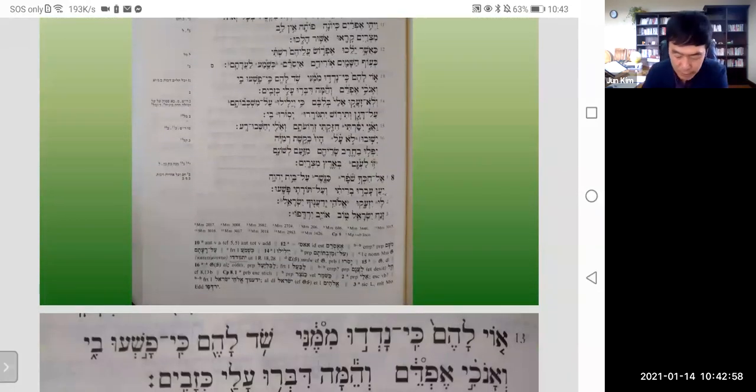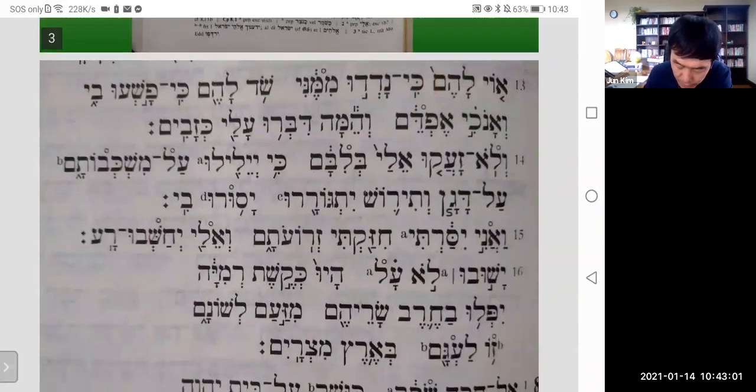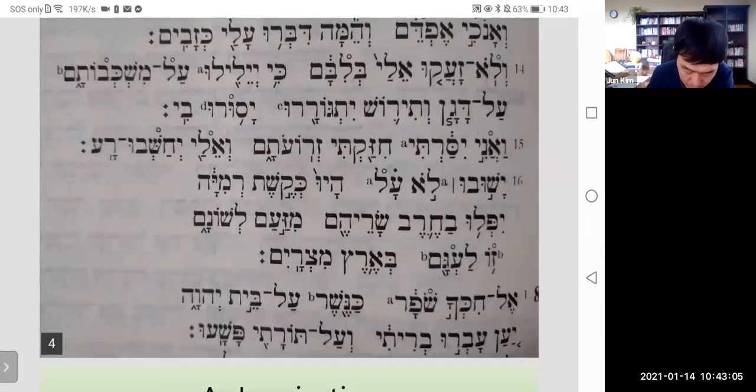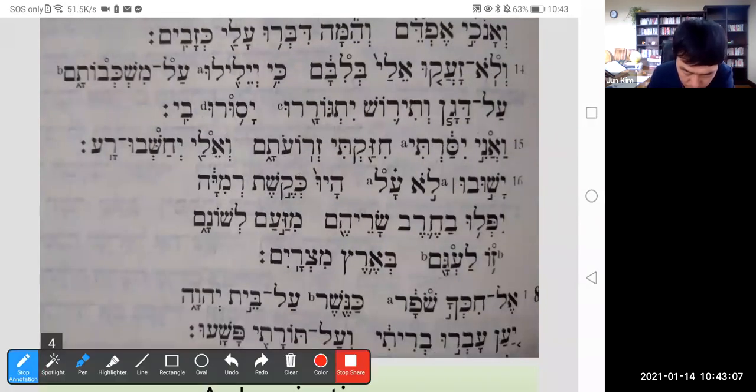So you go to verse 14, and I'm going to show you verse 14 here. The beginning of verse 14 is here, and it goes until here. So it has two lines.